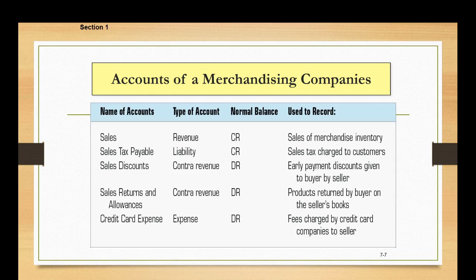So because of both of those, we will not be using this account. Sales discounts is an account that we use to record early payment discounts given to the buyer by the seller. If there are any returns, we'll be using this contra revenue account called sales returns and allowances.